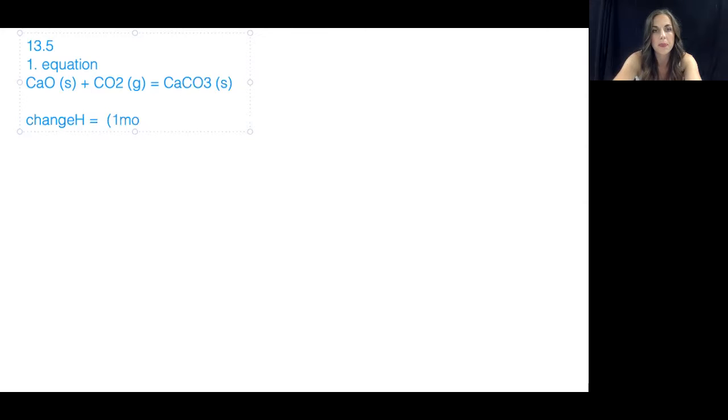1 mole times, I lost it. Okay, -1207 kilojoules per mole. That's my only product, so I'm done with the product side. So minus, now I'm gonna do a bracket since there's 2 of them with my reactant side. So CaO in the solid form, 1 mole of it.